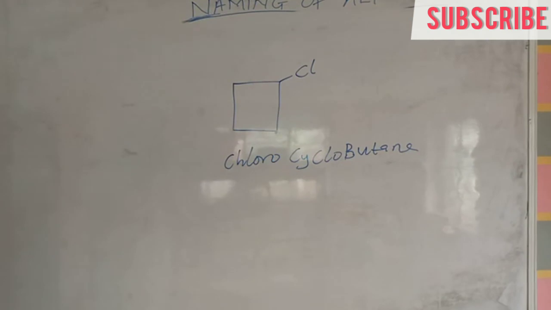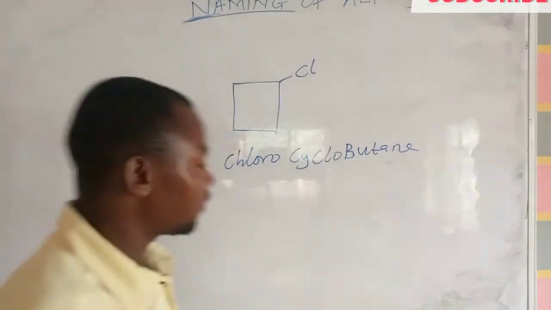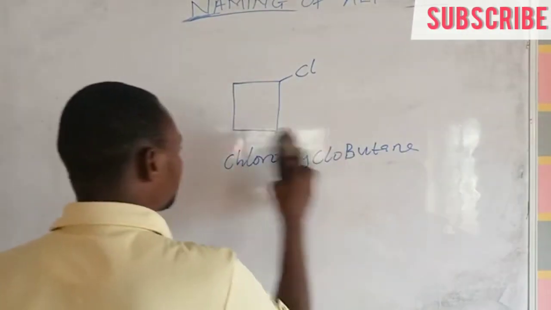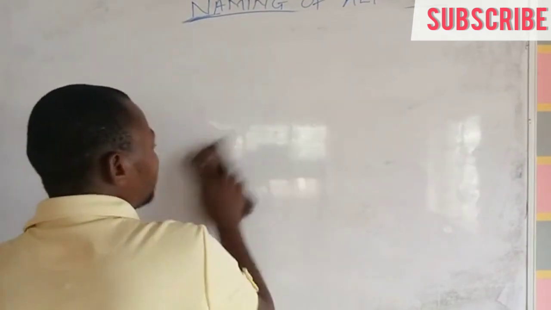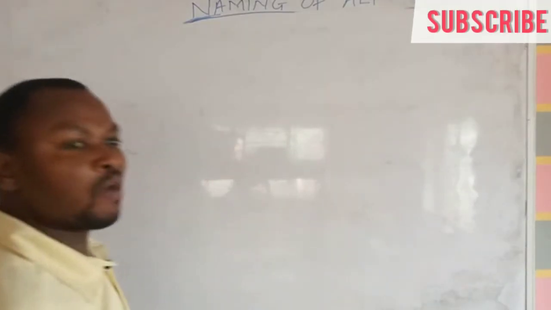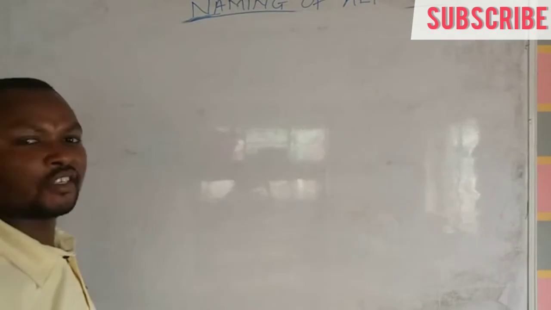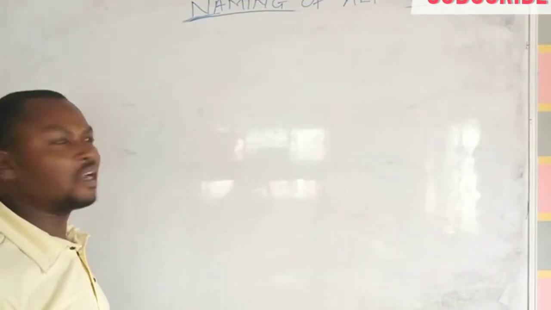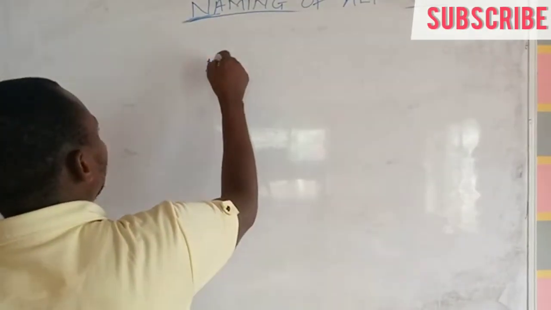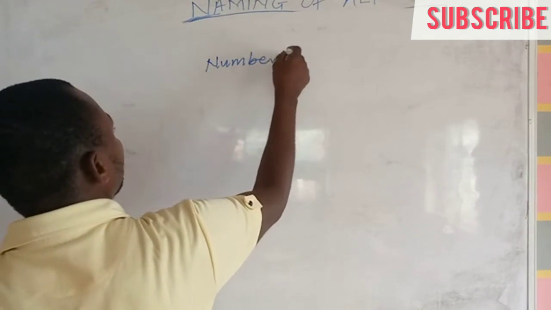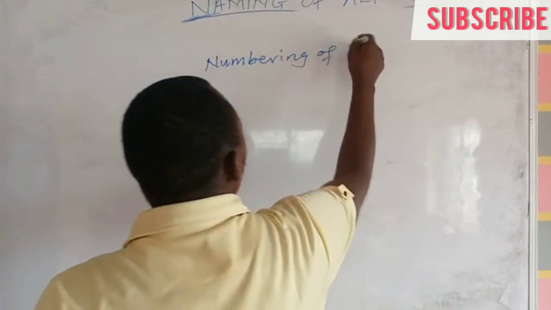But numbering is necessary when the substituent is now 2 and above. Numbering of cyclic compounds.